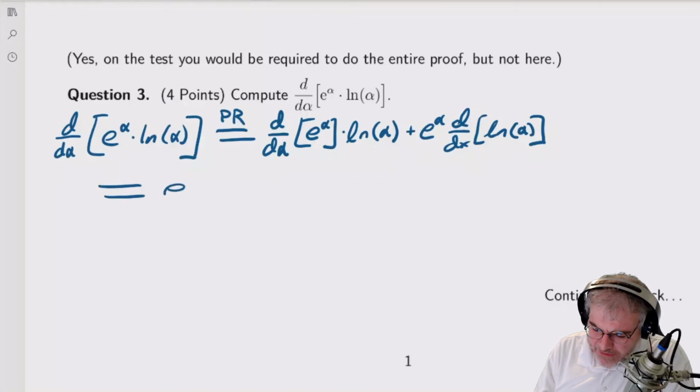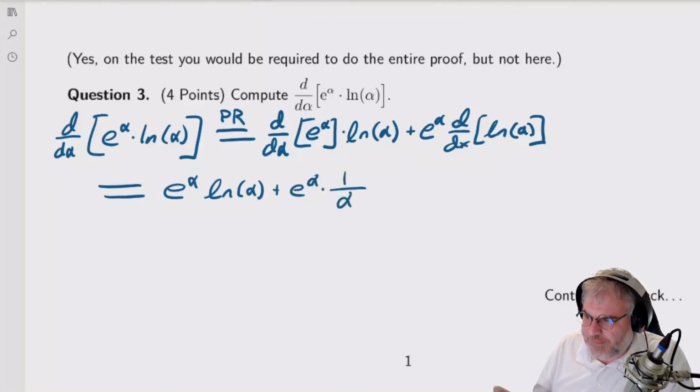This is e to the alpha, ln of alpha, plus e to the alpha times 1 over alpha. Stop there. Okay, just stop. You're done. All right. So how do we feel about that one, 1 to 5? 1 to 5, how do we feel about that question?